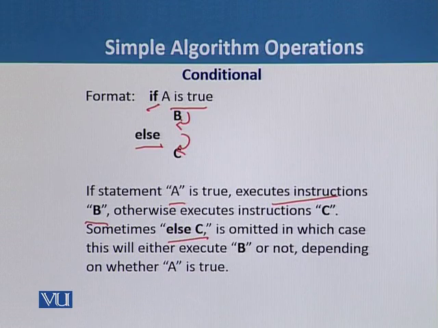In this case, it means that either execute B or not, depending on whether A is true. So this is a very simple conditional algorithm, and I think it's very easy to understand.